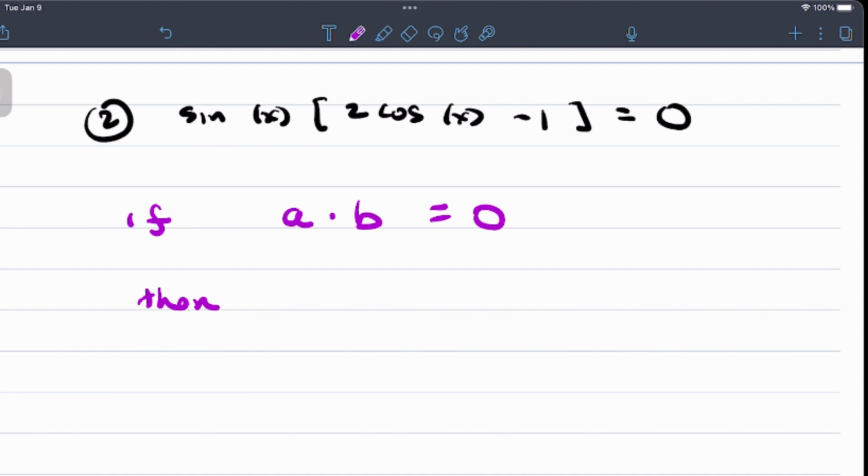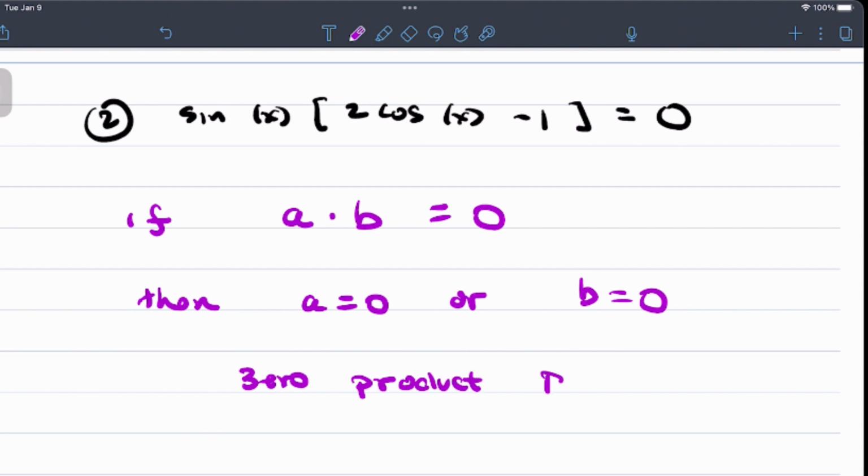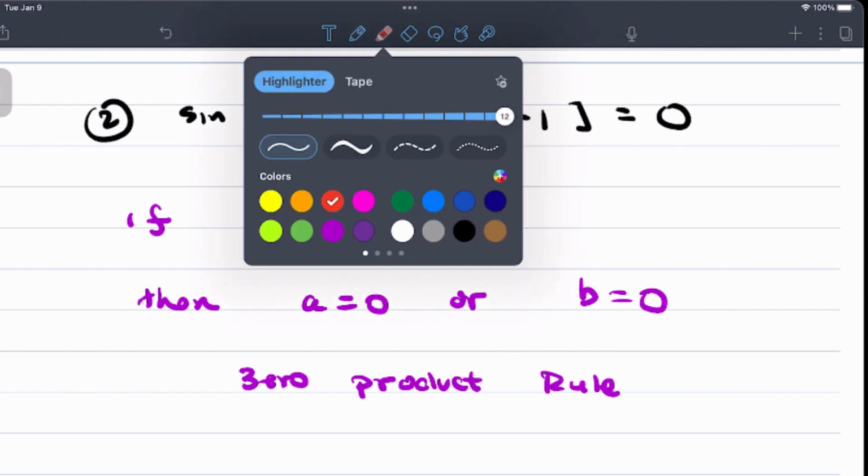Doesn't that mean two things? That means either A is 0 or B is 0. Is that true? Do you guys remember what this is called? What is the name of this fact from algebra? Anybody remember? This is known as the zero product rule.